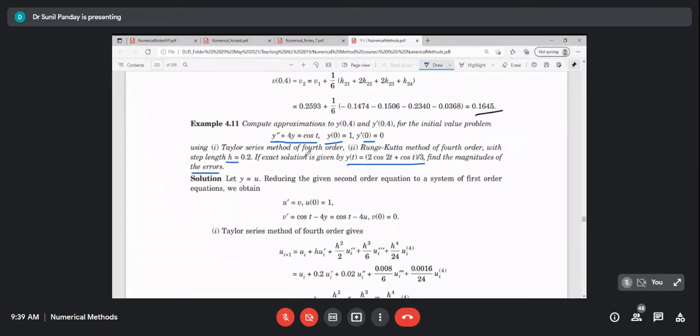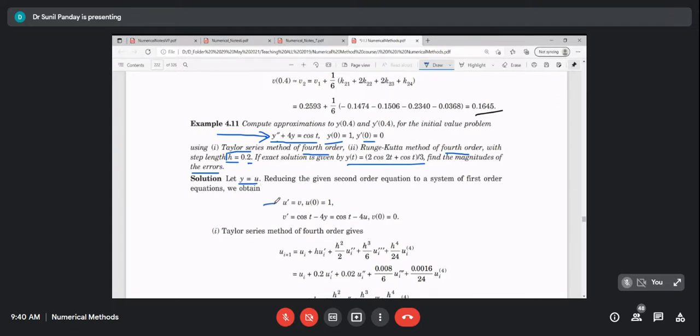So here we have to use the fourth order Taylor series method as well as the fourth order Runge-Kutta method. And the step size h is 0.2. The first job in this kind of problem is to reduce this into a system of first order equations. So you assume u equals y. So this is your u variable.